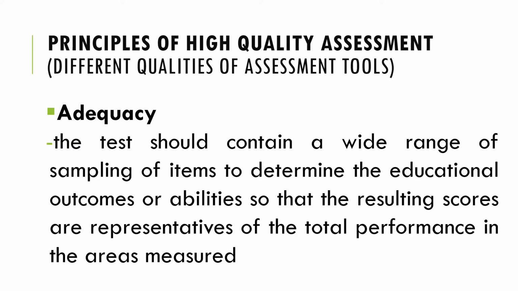It is not possible to have more questions from chapter 1 because the teacher likes it more, or more questions from chapter 5 because that is what the teacher knows. So when it comes to the concept of adequacy, we really have to construct test items with a wide range of sampling items for all the coverage.